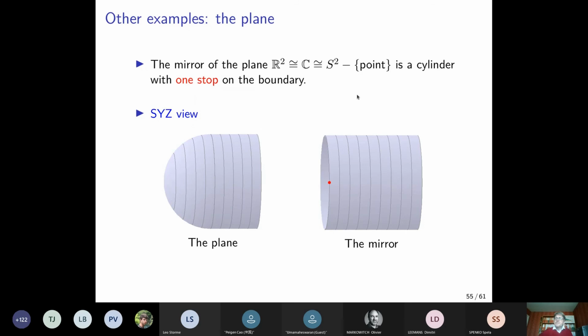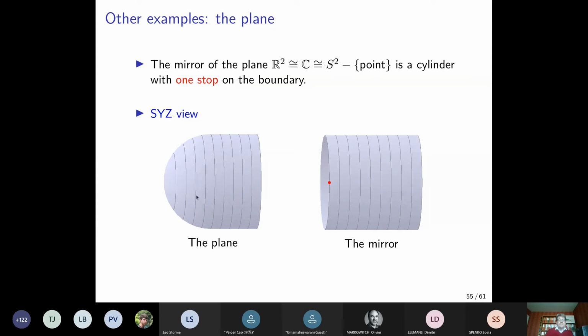I'm going to give some more simple examples of mirror symmetry. If we remove a point from the sphere, then we basically get the plane. We saw this before. We can do this by stereographic projection, for example.